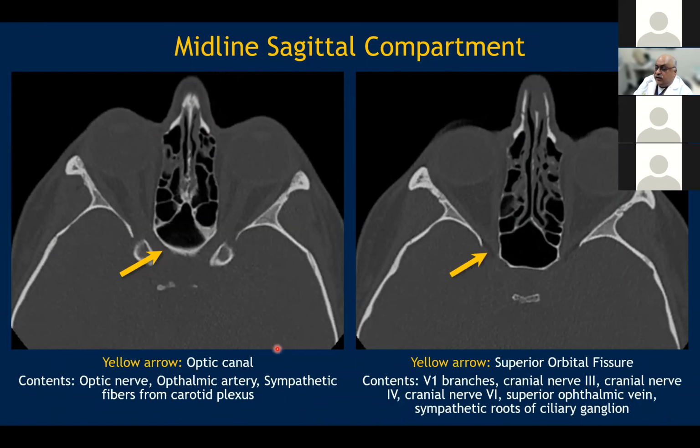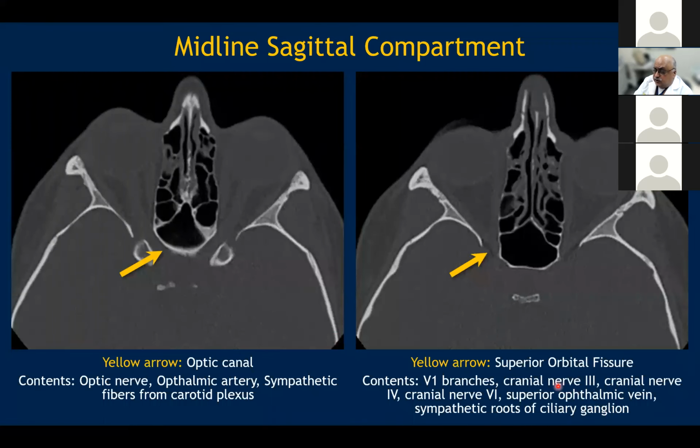The yellow arrow points to the optic canal, which is the path for the optic nerve. The ophthalmic artery and the sympathetic fibers also are in close vicinity of this foramen. The foramen lies medial to the anterior clinoid process, and the anterior clinoid process forms an important landmark to distinguish this optic canal from the superior orbital fissure.